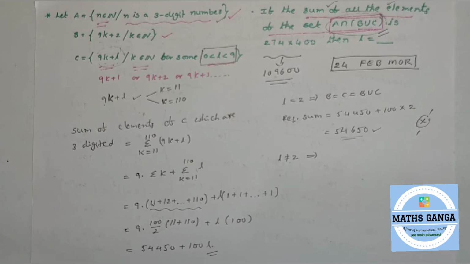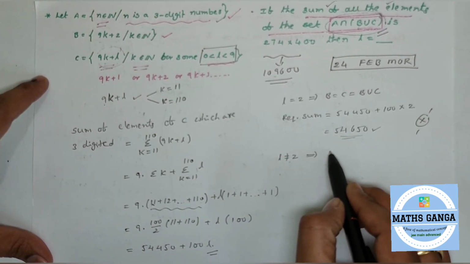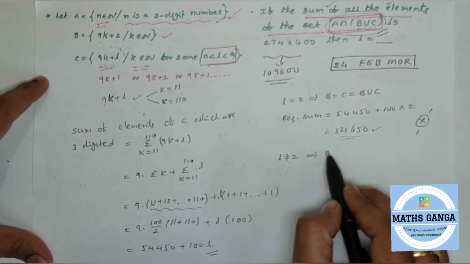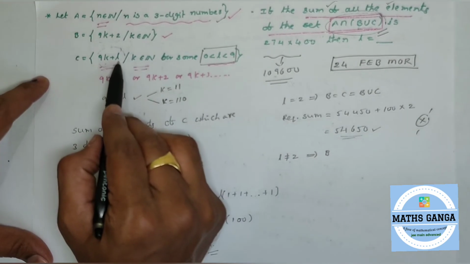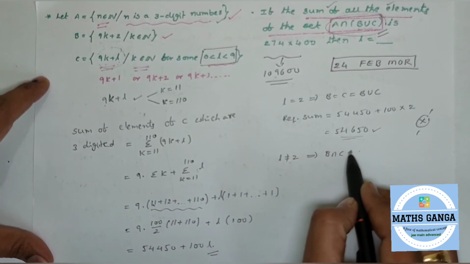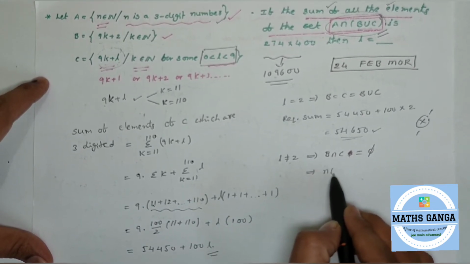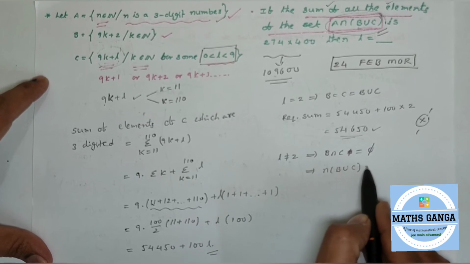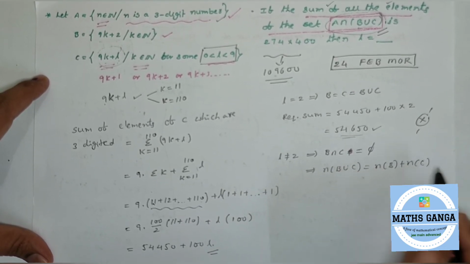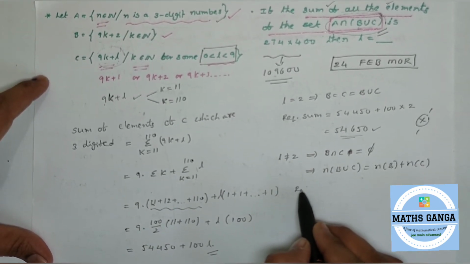We need to find the sum of elements of B union C. Since L is not equal to 2, B intersection C is empty, right? Since B intersection C is empty, for sure N of B union C equals N of B plus N of C.